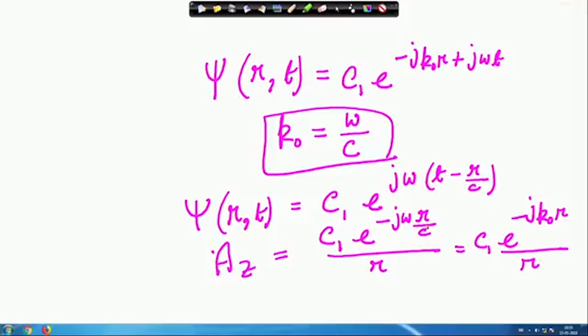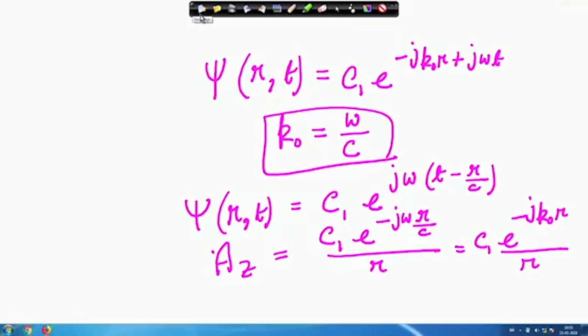In time domain generally we bring this k naught as omega by c, but in antenna parlance we will see that this wave number domain has some advantages. That is why, when we are in the phasor domain considering the radiation things, we do it this way, but if we come to the time domain, generally we bring back this relation through omega. Okay. So, this is the solution, Az is this, C1 is yet to be found out. That means this is the solution for the homogeneous part, or the general solution of the differential equation.